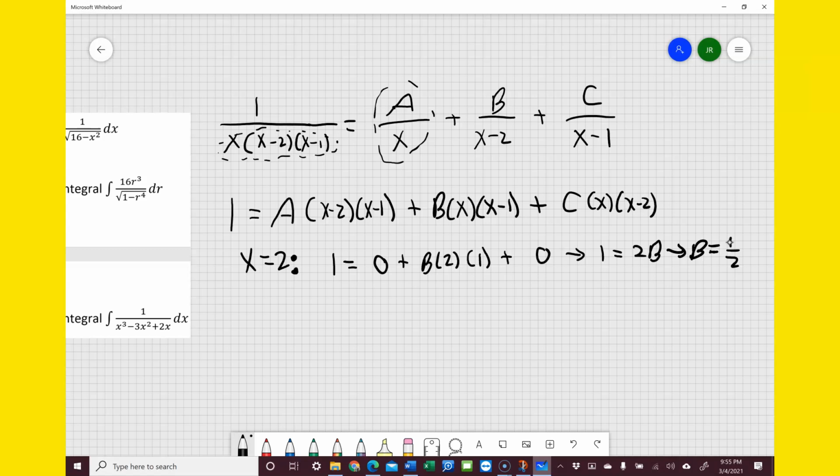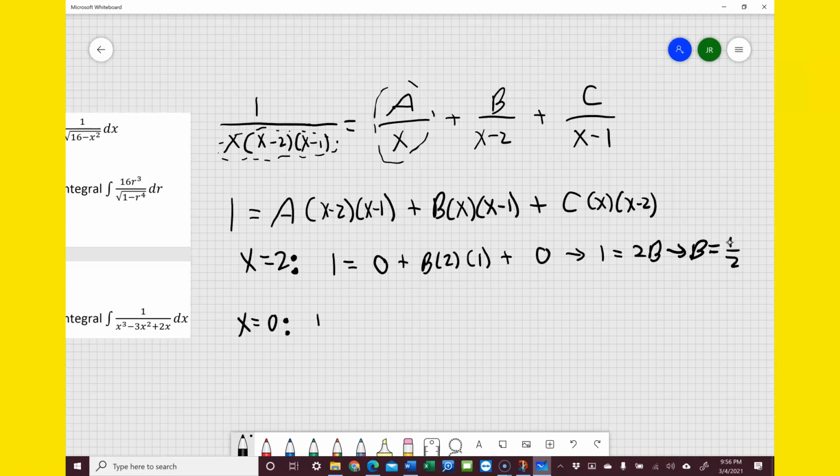Let's do it again to see if we can find another letter. Now maybe I want the B term to cancel out, so maybe I should let x be 0, or maybe I should let x be 1. I'm going to let x be 0.